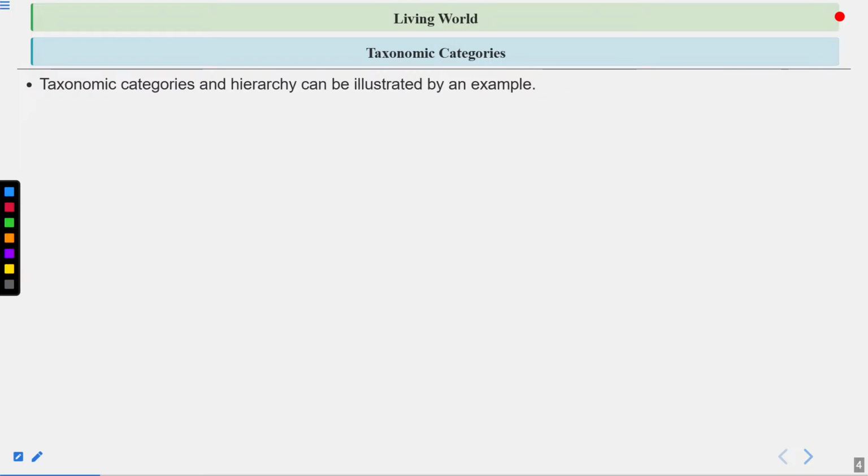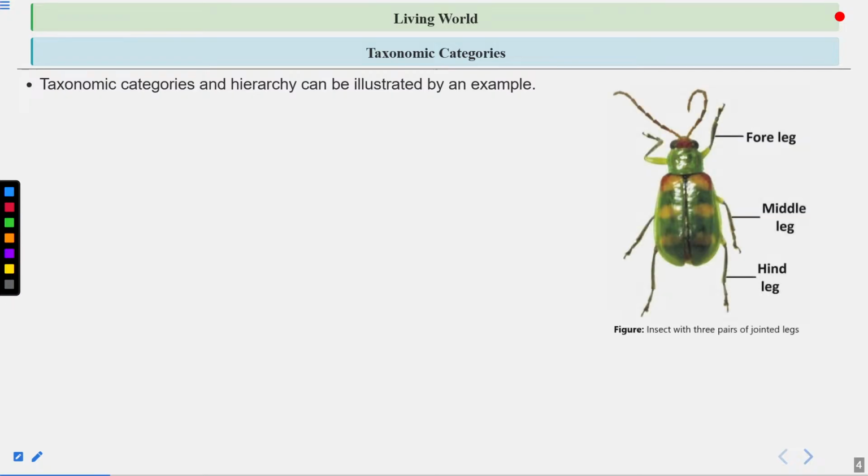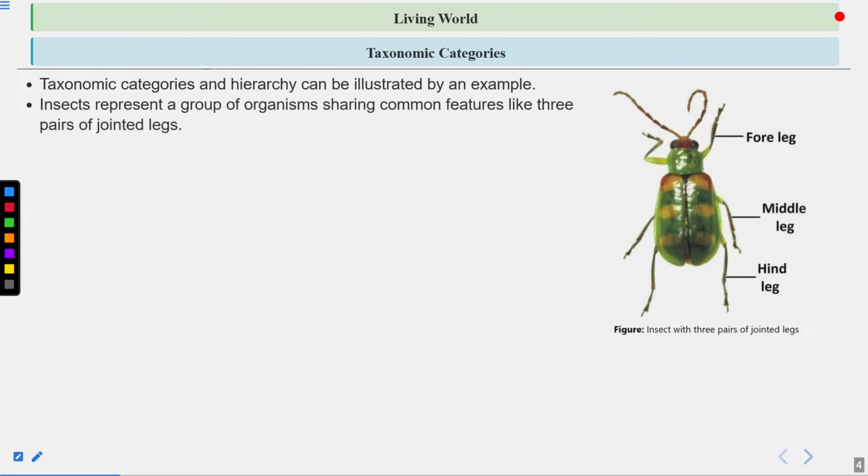Now, taxonomic categories and hierarchy can be illustrated by an example. Let's understand these categories and hierarchy by an example. Insects, you all know about insects. They are grouped together based on certain similar features. Insects represent a group of organisms sharing a common feature. What is that common feature? Three pairs of jointed legs.